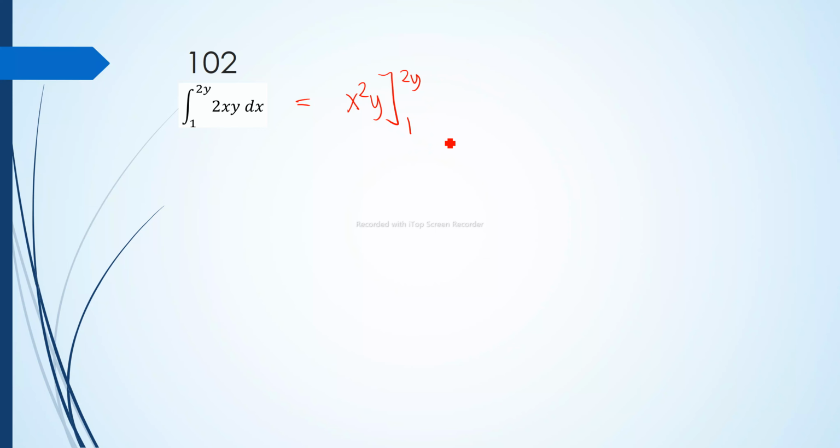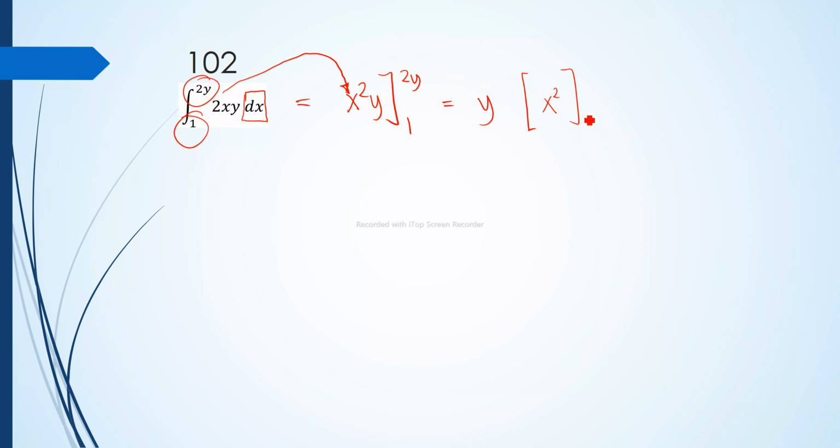So we substitute 2y and 1. Since our variable of integration is with respect to x, our lower and upper limits will be substituted only into the variable x. The y will be considered as a constant, so we can factor that out.